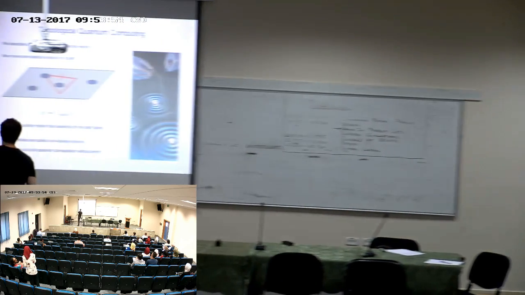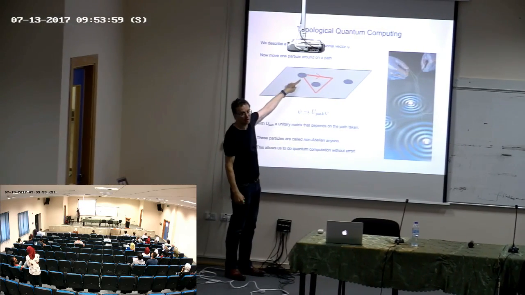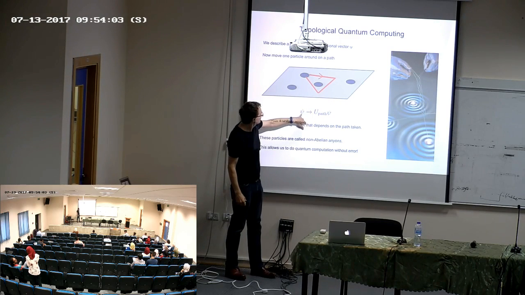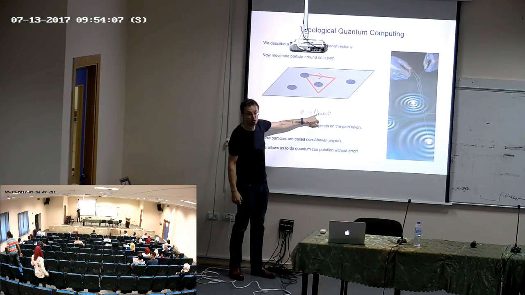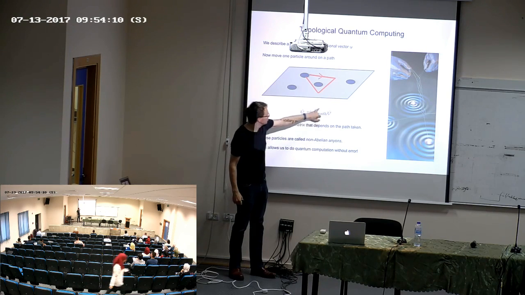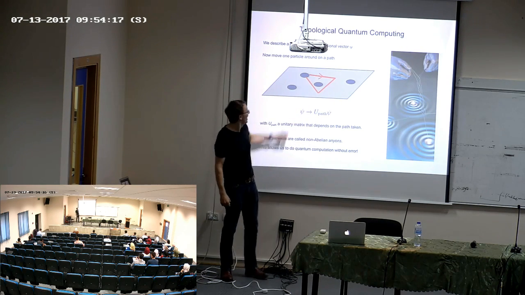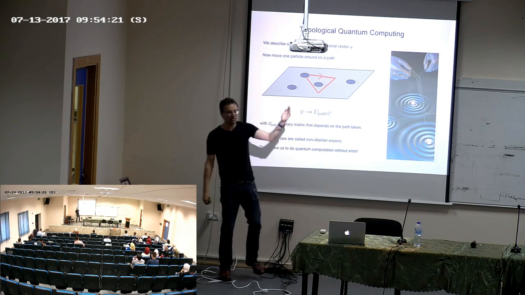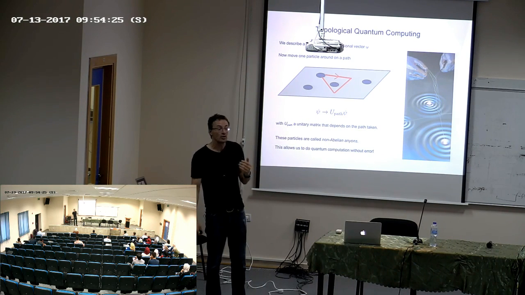If I take one of these quasi-particles and I move it in some path around the others, the overall state of the system doesn't come back to itself, but comes back to itself up to a unitary operator. So this object U is a matrix. It's a matrix that's 2^(n/2) times 2^(n/2). And for every path that these particles can take, you get a particular unitary matrix that acts on this vector.